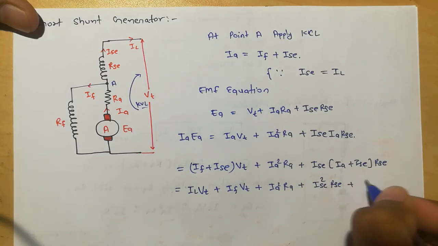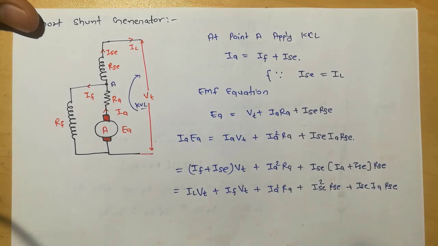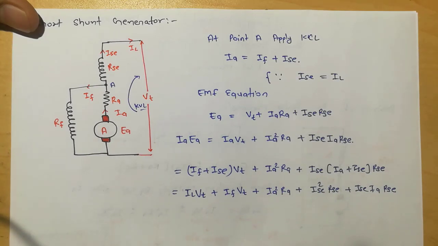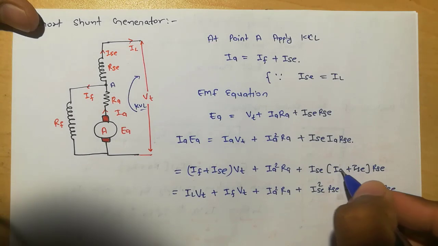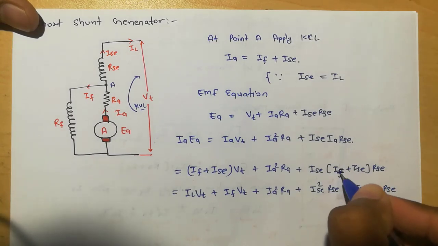plus Ise Ia Rse. Okay, here this is our If field current.